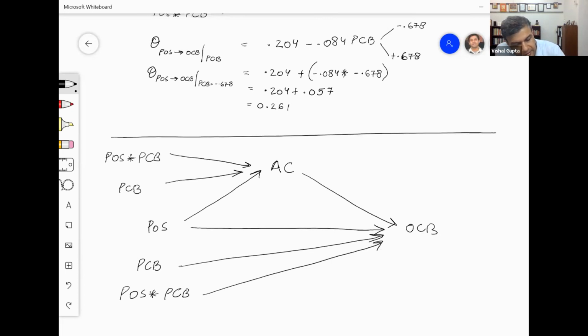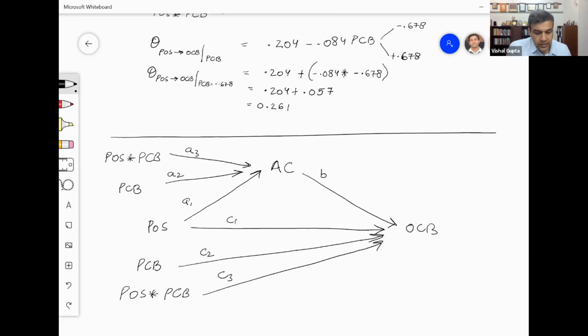Remember we said this is A1, A2, A3, and we said this is B. This is C1, C2, and C3.